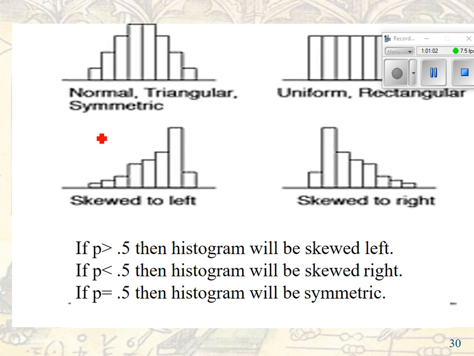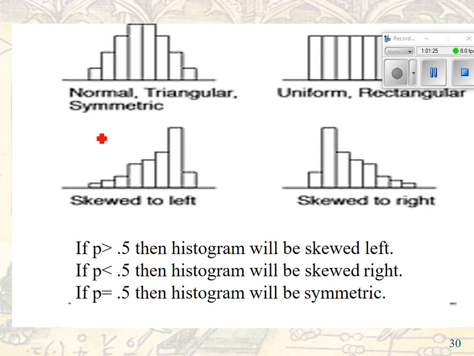We talked about these earlier this year, but we didn't talk about this bottom part here. If the probability that you're dealing with is 0.5 or higher, then it's always going to be skewed left. It's going to have a tail out to the left.